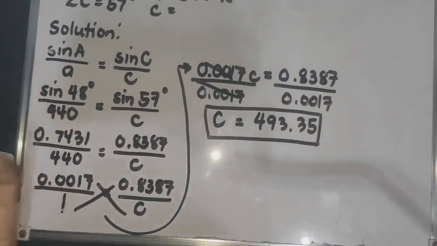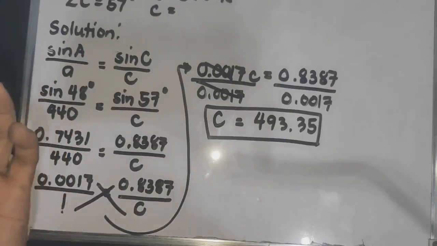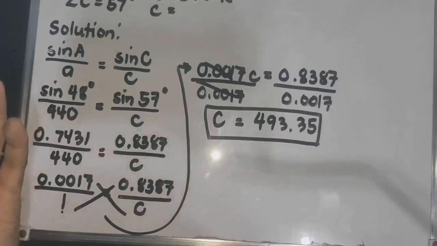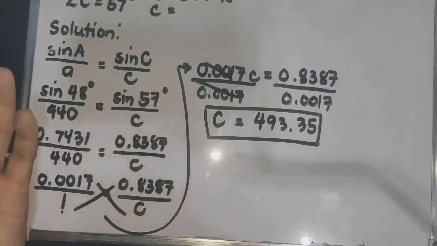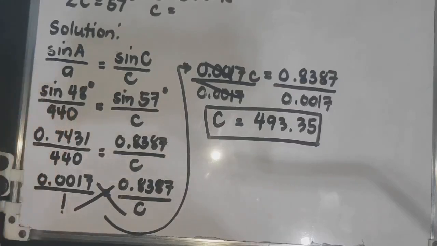Then, kapag isang side na lang yung nawawala, pwede natin gamitin yung law of cosine. Mahalagang alam natin kung paano at kailan natin pwedeng gamitin ang law of cosines. Again, pag nahihirapan tayo, pwede naman natin gamitin all throughout our solution yung law of sines.